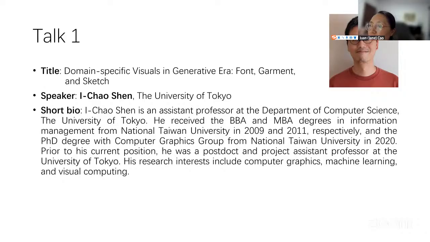His research interests include computer graphics, machine learning, and visual computing. Today he will share his recent work in a talk titled Domain-Specific Visuals in the Generative Era: Font, Garment, and Layout. Let's welcome Dr. Shen.